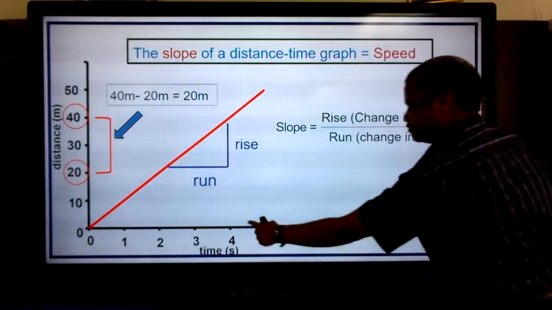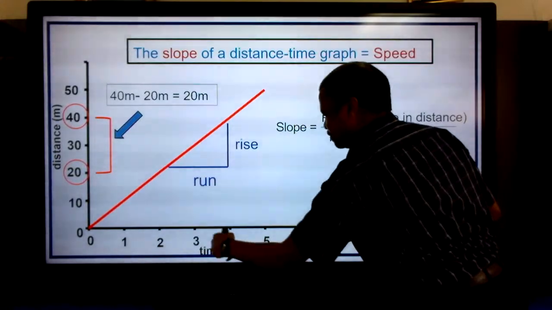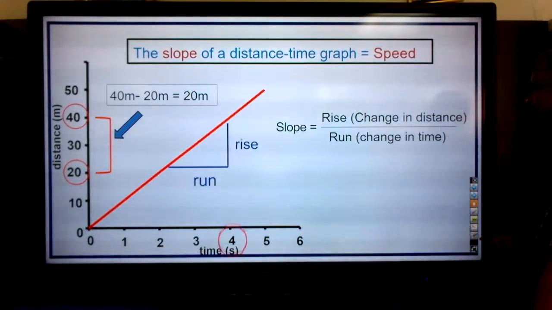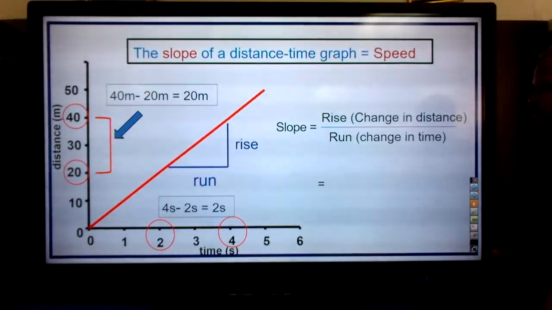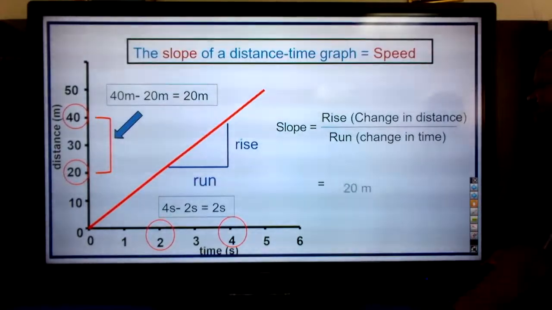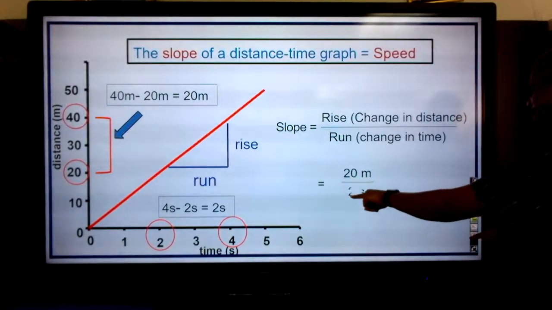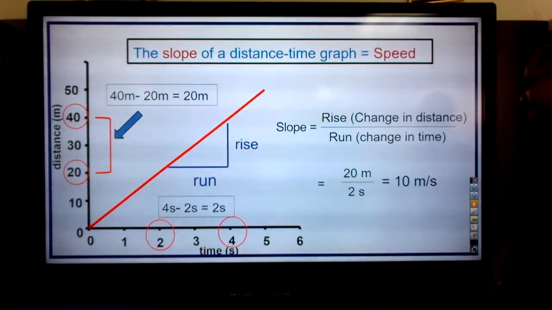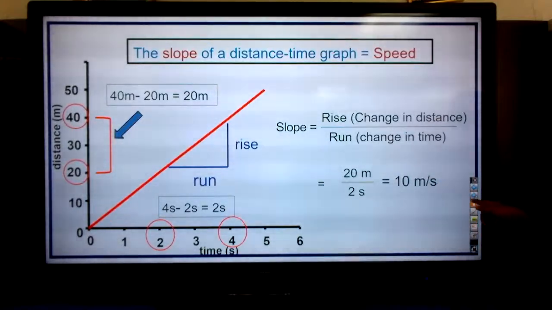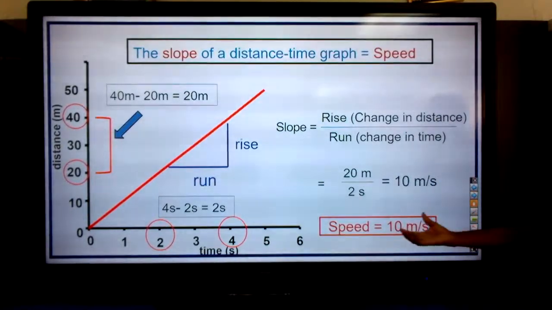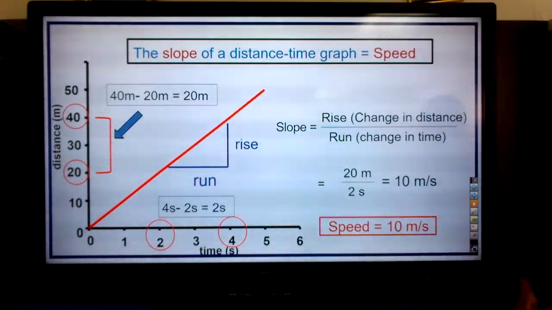The time from 2 seconds to 4 seconds. 4 minus 2, what do you get? You get 2 seconds. So when you divide, you get 20 meters divided by 2 seconds, which is 10 meters per second. So this is the speed of this object. 10 meters per second.